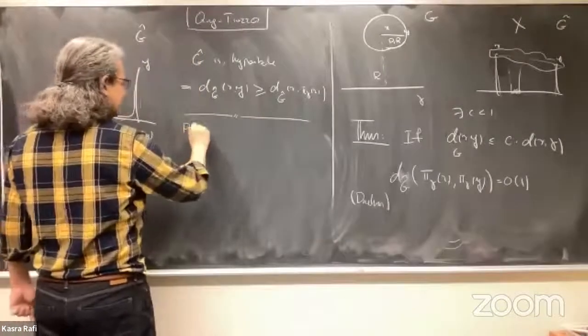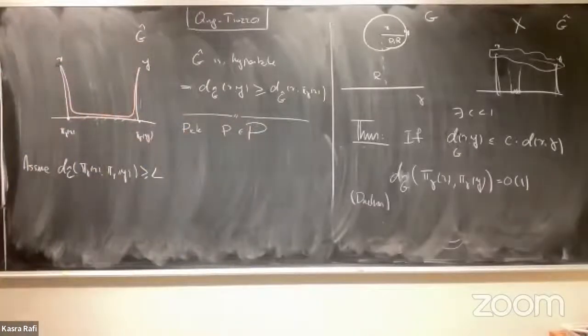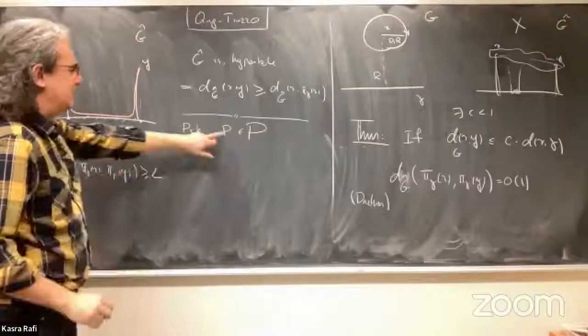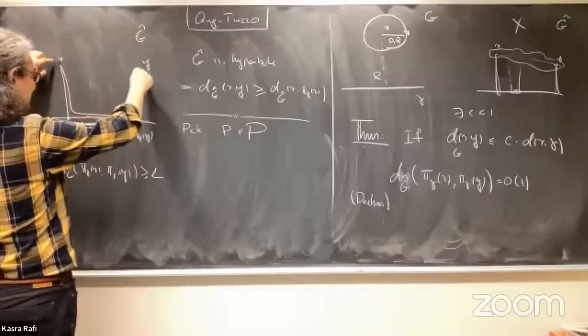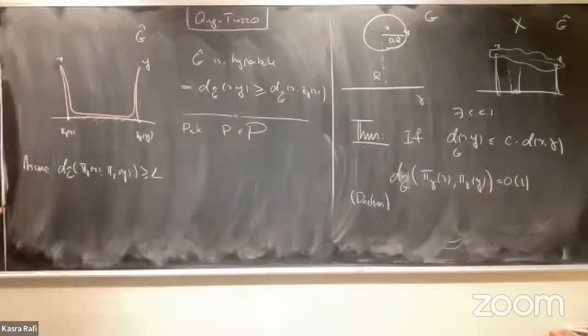Now pick a peripheral subgroup P. Where is this P? Somehow we have to have a P where it has a very small projection here, but a big projection here, but a small projection over there.